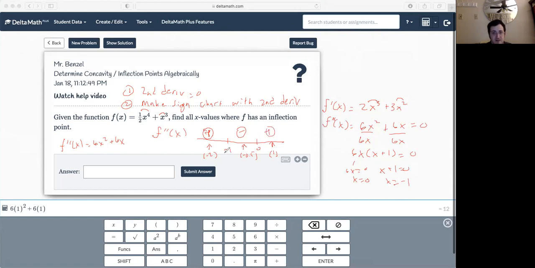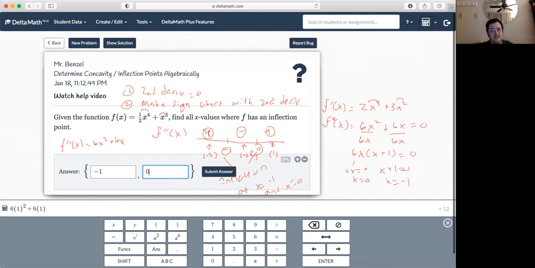So it turns out that these are our inflection points. And I can just put -1, 0, and it will get me nice and professional with that set notation.